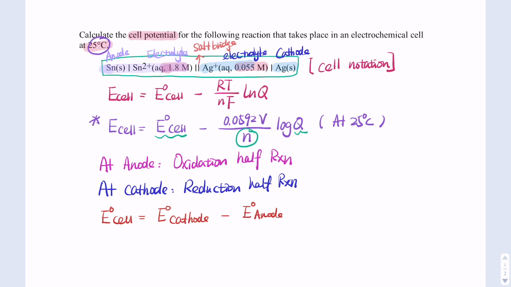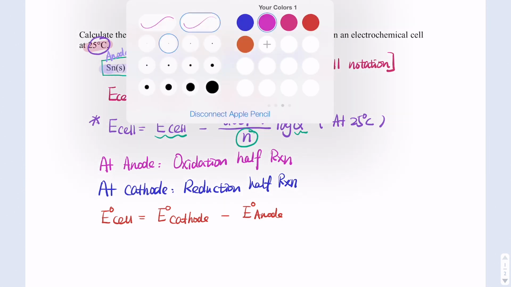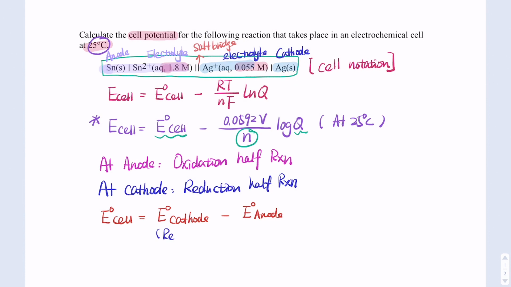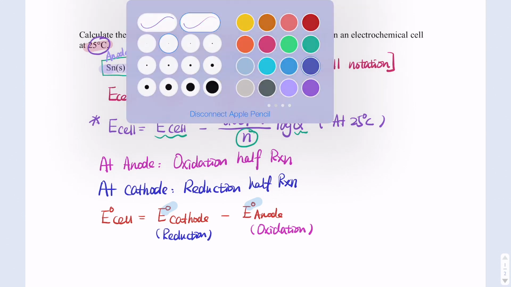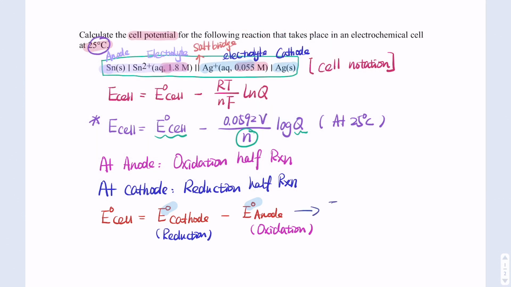One more time, the cathode is where the reduction half reaction happens, and the anode is where the oxidation half reaction happens. When you have these little circles, you can figure out these numbers from the table.